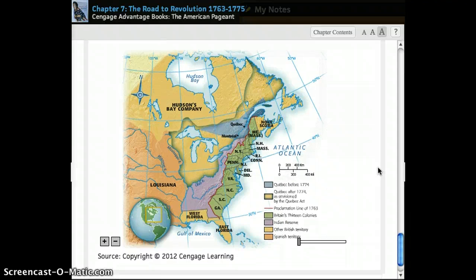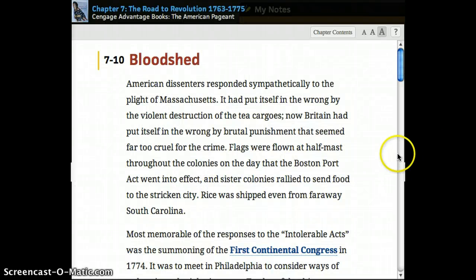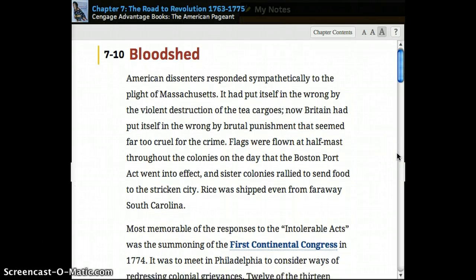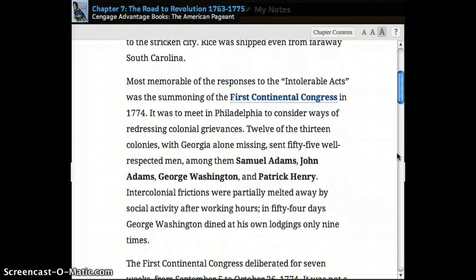Okay? Here we take a look at the colonies, and your book points out we have the Proclamation Line right here, 1763, and the Quebec issue right over here, threatening New England and the closing of Boston Harbor. So there is bloodshed. Eventually what happens is the Continental Congress meets.